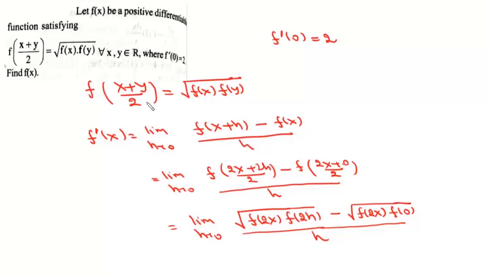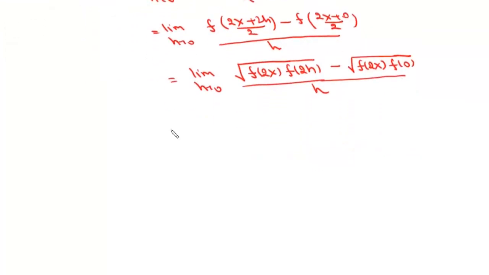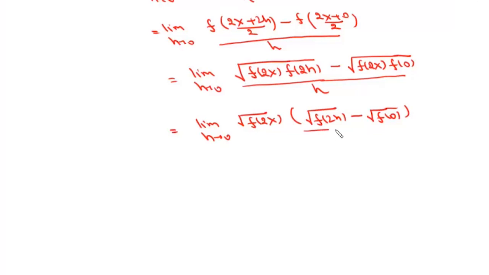Now we take it common, then we can write this limit h tends to 0 of under root f 2x times under root of f 2h minus under root of f 0, whole divided by h.